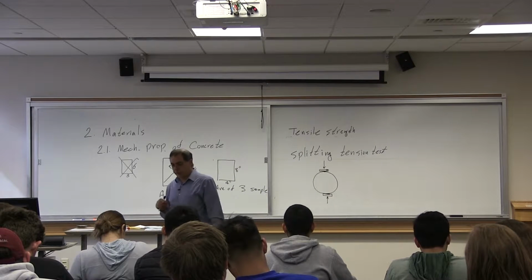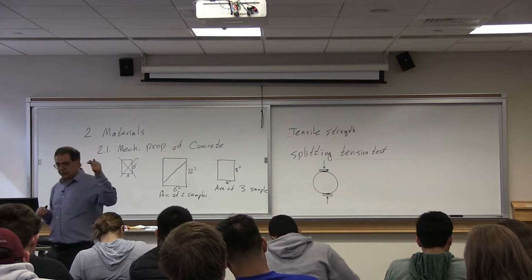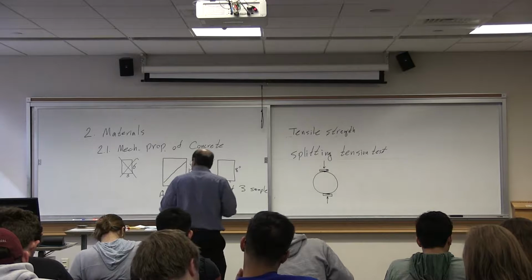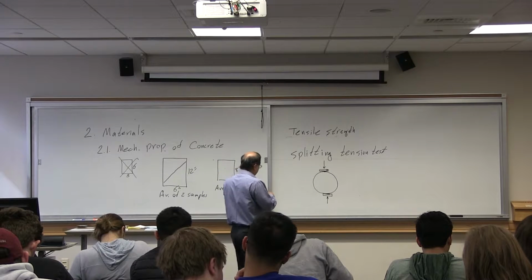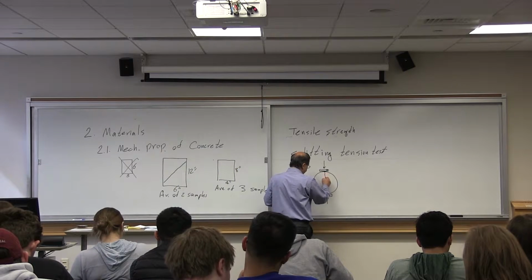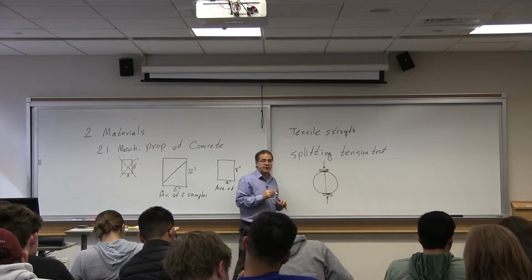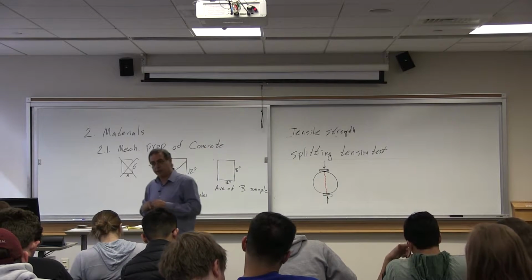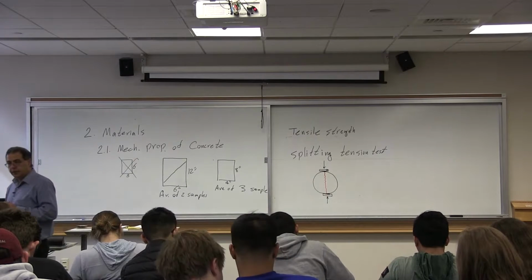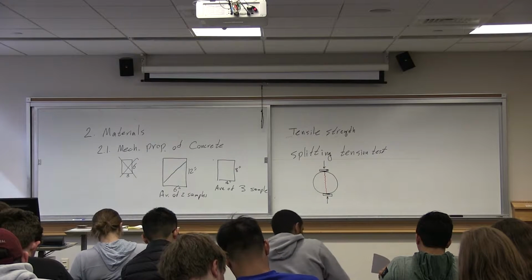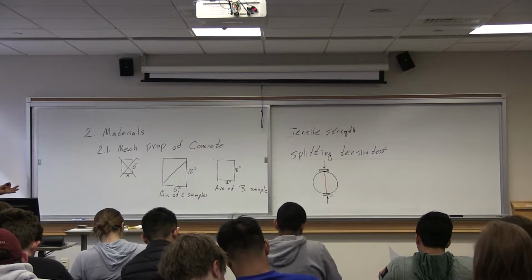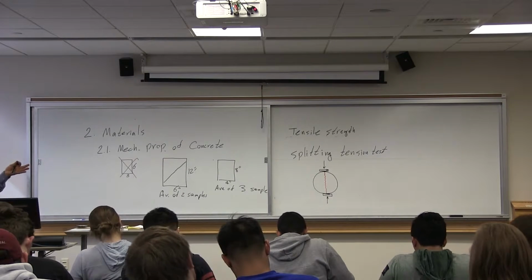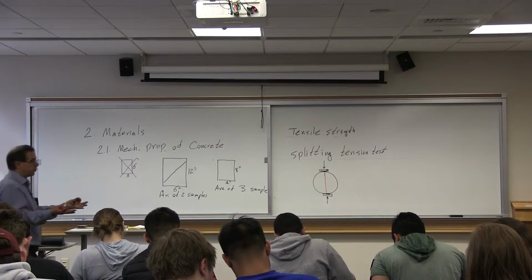Interestingly enough, when you do a specimen like this in compression, that sample almost always cracks like this. This is cracking, not crushing. That crack makes two half cylinders. That's why it's called a splitting tension test. You do this, the concrete splits into two halves.